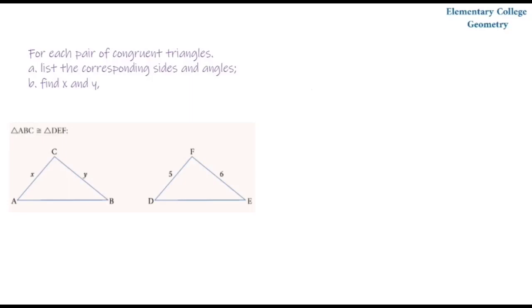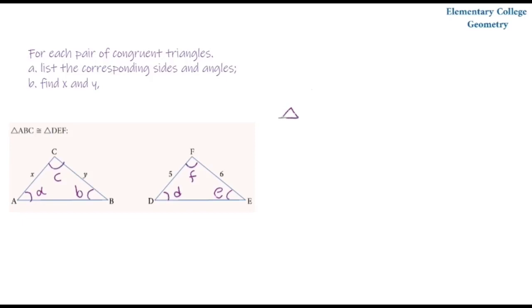So in this question, two triangles of ABC and DEF are congruent and all the corresponding sides and angles are equal. So I name this angle A, this angle C, and this angle B, and in this triangle, this angle D, this angle F, and this angle A. So these two triangles are congruent.